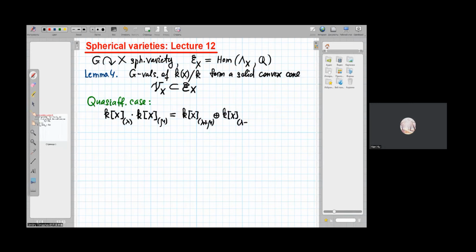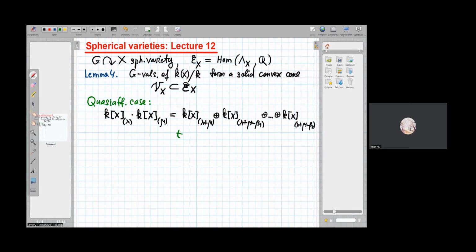So these characters which we have to subtract, I denoted them by betas, beta 1, etc., beta R. These betas are sums of several positive roots, and they are called tails.